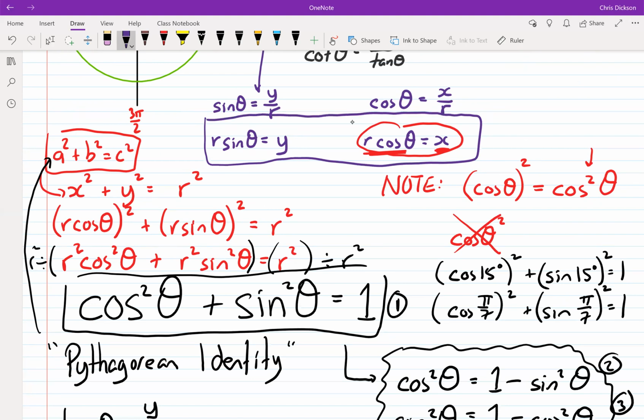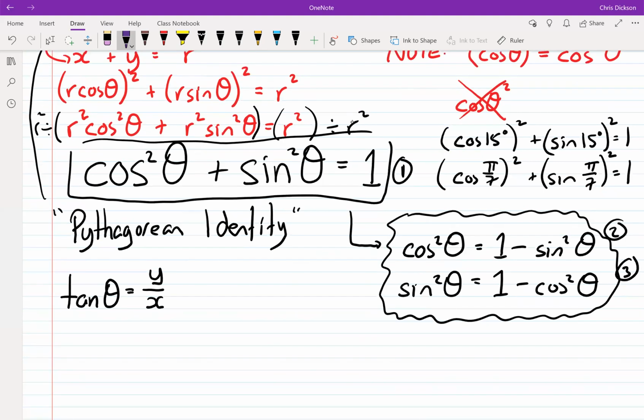So the y value is r sine theta, and the x value is r cos theta. So if I go down here, I could say that tangent is equal to r sine theta divided by r cos theta, because really r sine theta is y and r cos theta is x.